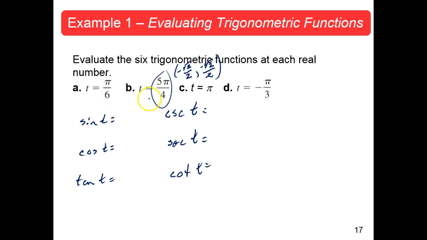What's your sine of t? Negative root 2 over 2 over 1, which doesn't change the value any. Cosine of t is negative root 2 over 2 over 1, which doesn't change its value. And then what's tangent of t?